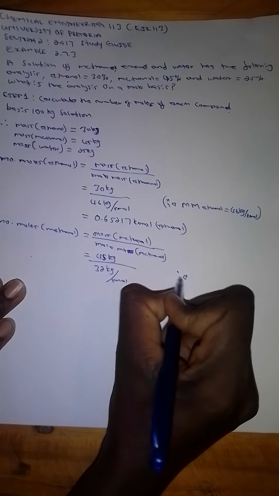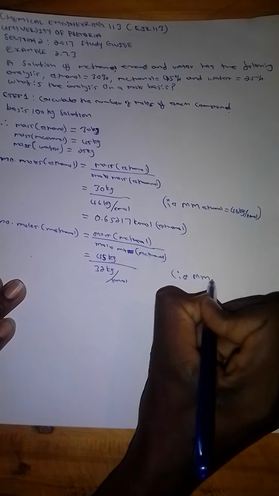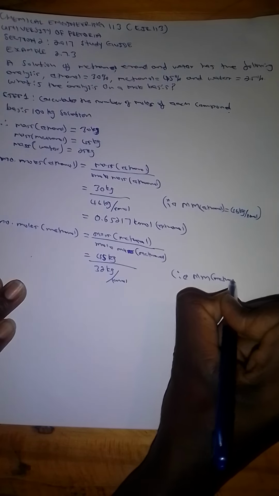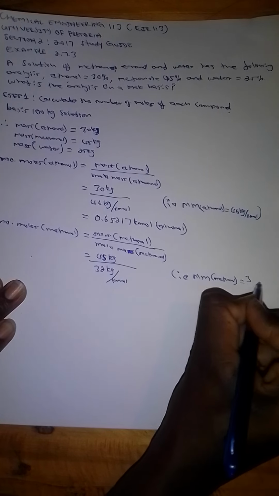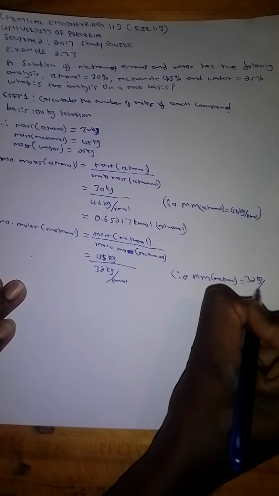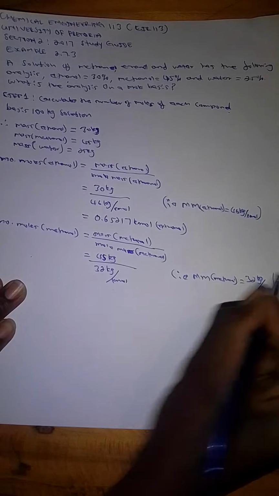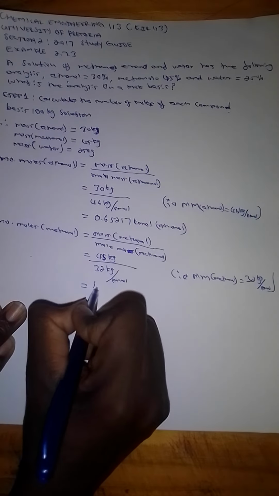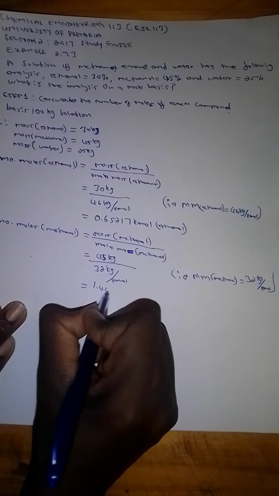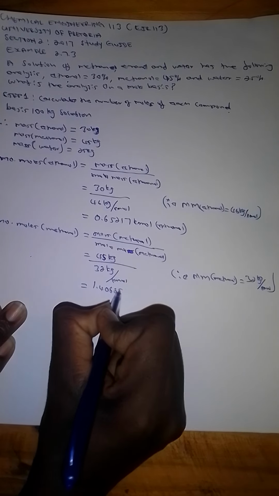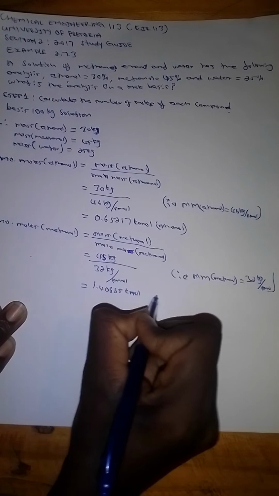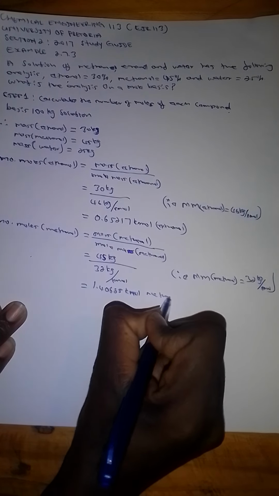Let me write here mole mass of methanol equals 32 kilograms per kilomole. When you do your calculation, you get 1.40625 kilomole of methanol.